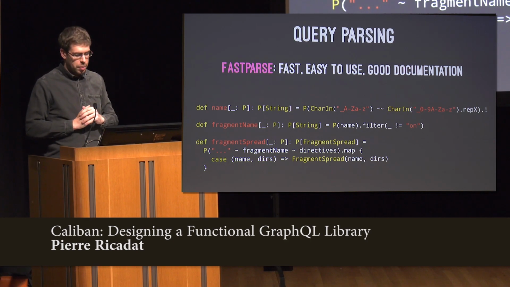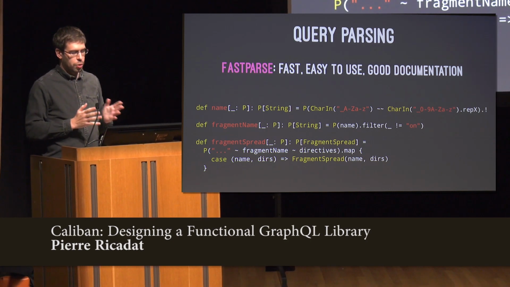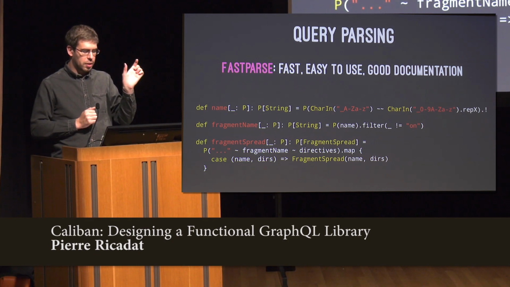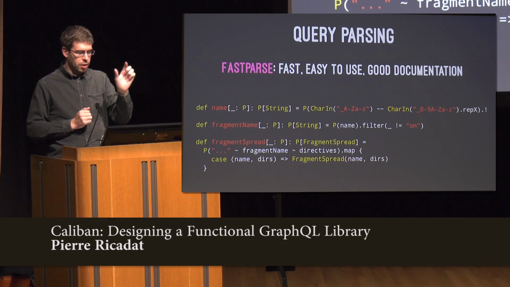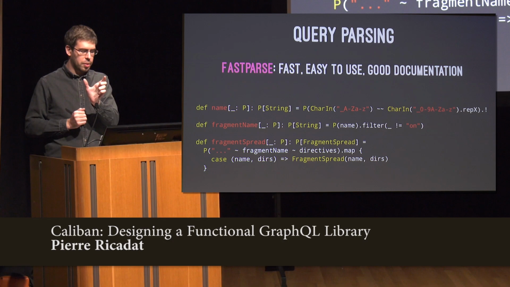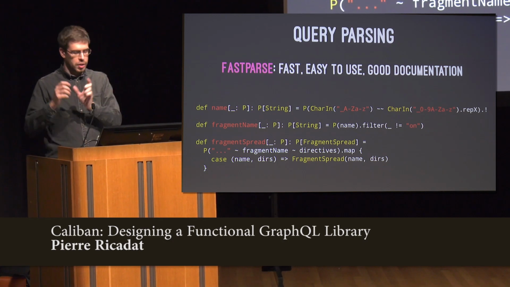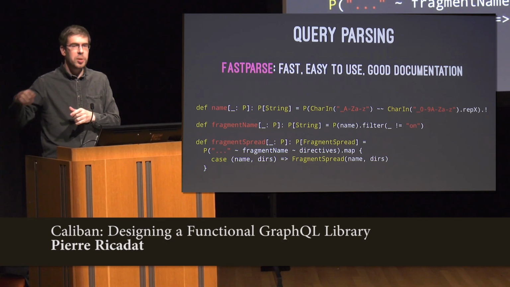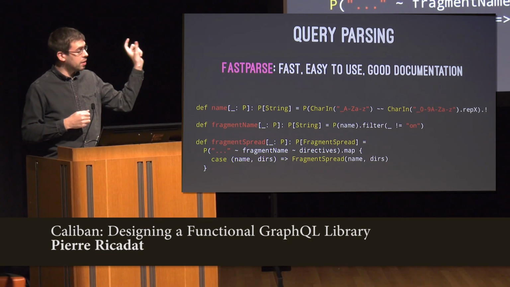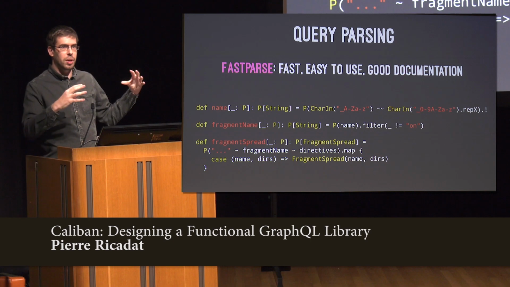Here is an example of how you work with FastParse. For example, a name can be any character that is underscore, A to Z, lowercase or uppercase, followed by any character between underscore, 0 to 9, A to Z, repeated any number of times. That's how you define the name, and then you can reuse that name for bigger types.